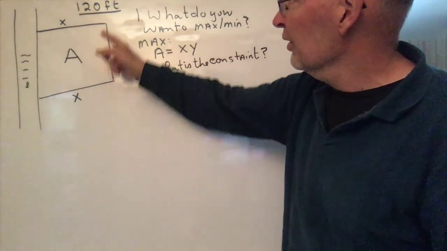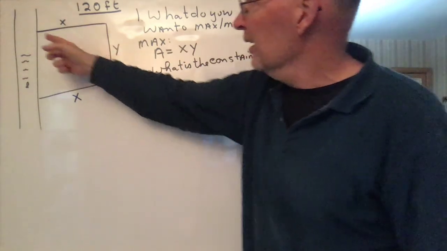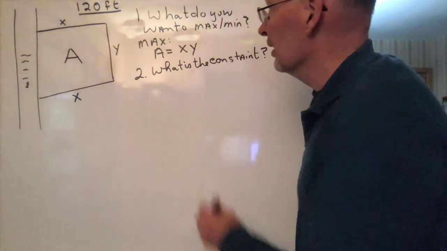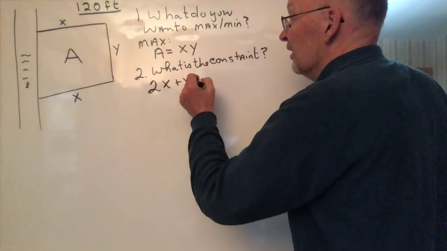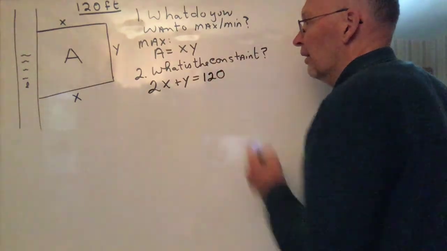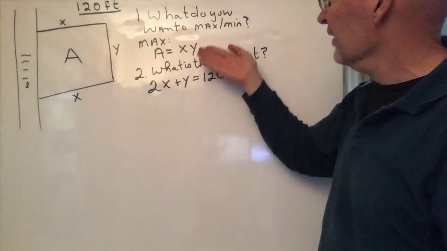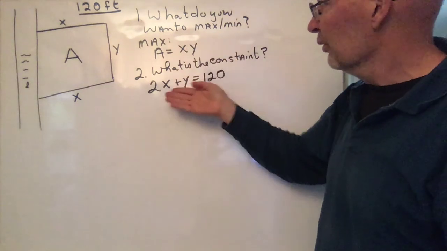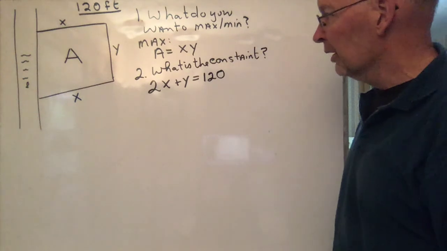And so this one is fairly easy to see. X plus Y need to add up to 120. So in other words, 2x plus y needs to add up to 120. Now, in fact, they can add up to anything less than 120, but if you're trying to maximize the total area, there's no reason to make this less than 120. Might as well use the entire amount.